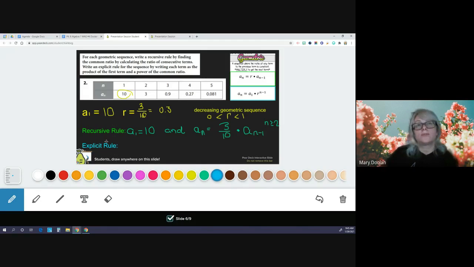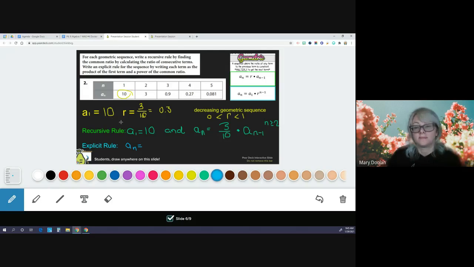Explicit rule, we've done this before on Tuesday. All right, we're going to use the formula, which is here. A sub n is equal to, and now I've got to replace a sub 1 with its value. What's a sub 1? What do I write first? A sub 1 is right here.